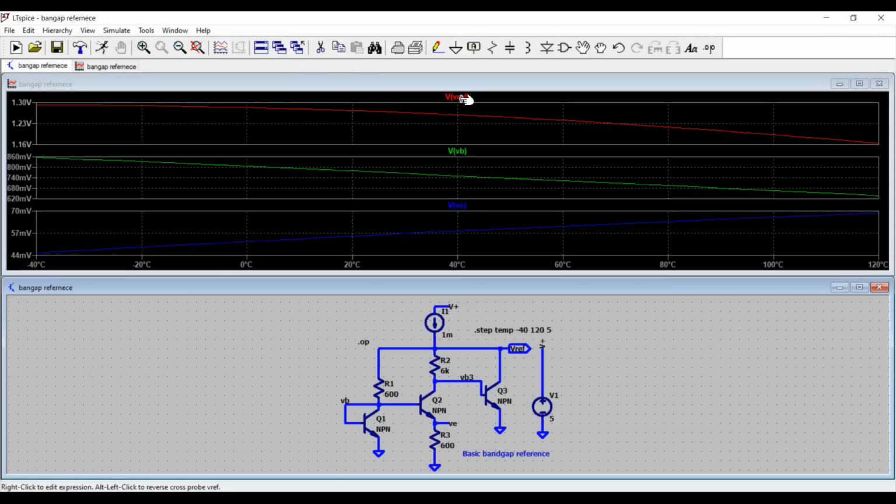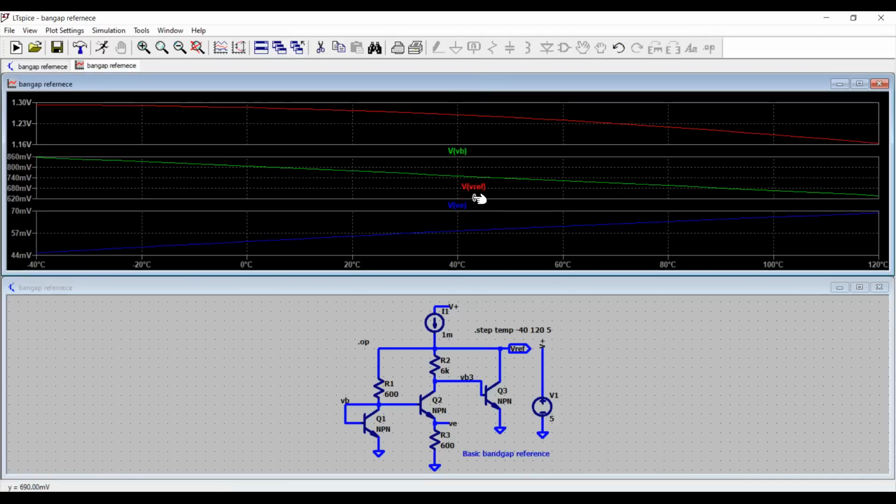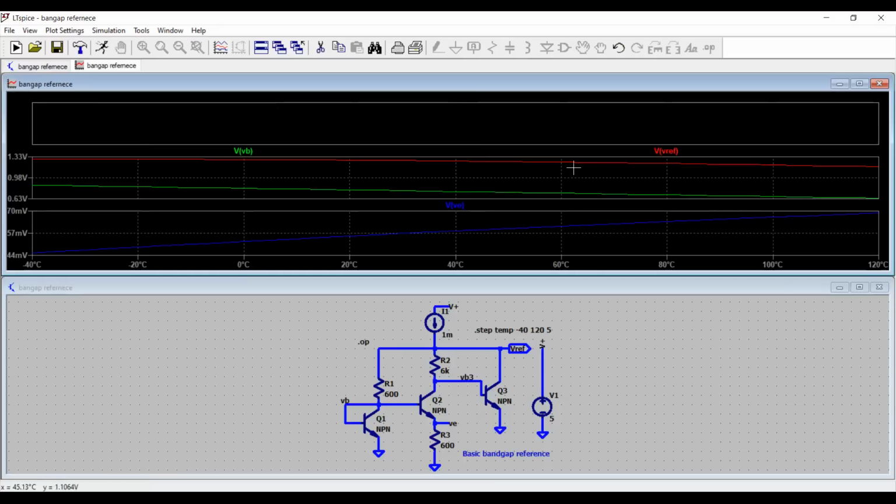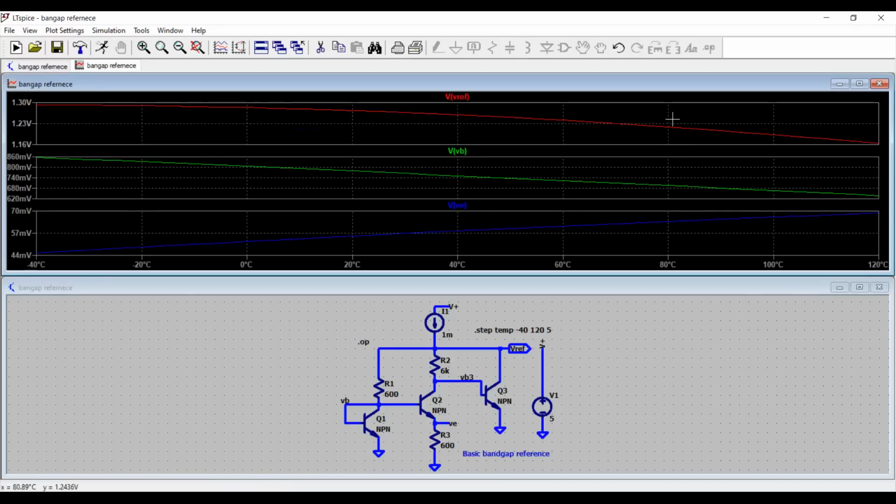And that's how you actually do that. Let's put it right here. Okay, so here you have this reference value. Okay. So I think we covered how to generate the band gap reference.